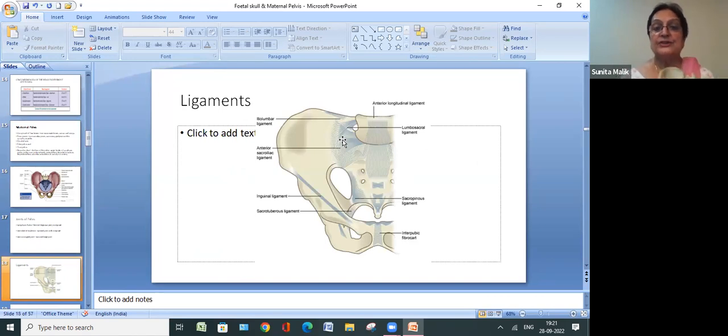Now the ligaments which join them together: in front of the sacrum, we have anterior longitudinal ligaments, coming from the lumbar vertebra, then iliolumbar ligaments, which are joining the lumbar vertebra and the ilium bone, then the anterior sacroiliac ligament, lumbosacral ligament, sacrospinous ligament. This is very important between the sacrum and the spine.